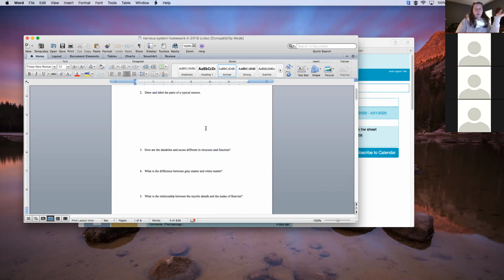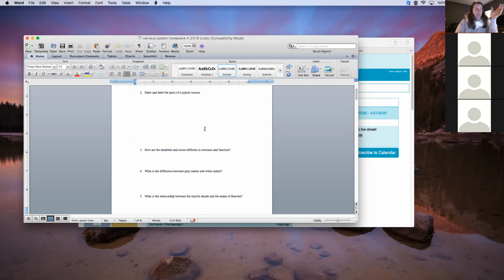Be familiar with all of the parts. If I explained what's the dendrite, what is the axon, if I give a picture of a neuron and the image of the spinal cord, you may have to identify parts of the neuron.